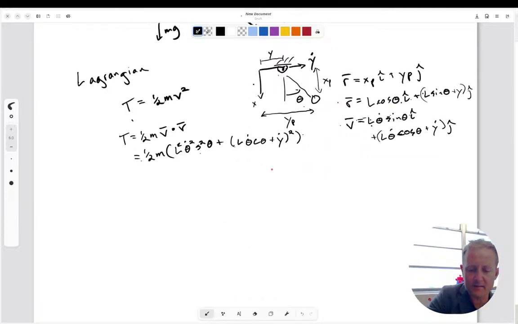Now I can kind of separate out those terms. So I'll have a L squared theta dot squared cosine squared, so that's going to be just one term here. So the sine squared plus cosine theta squared adds up to 1, and then I should have a y dot squared here.